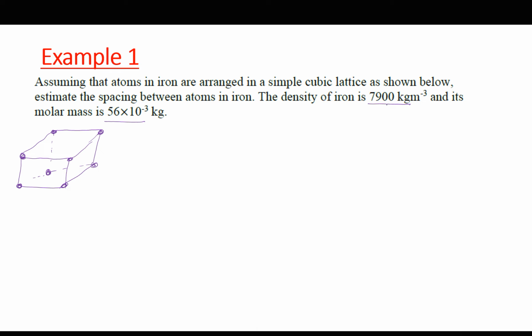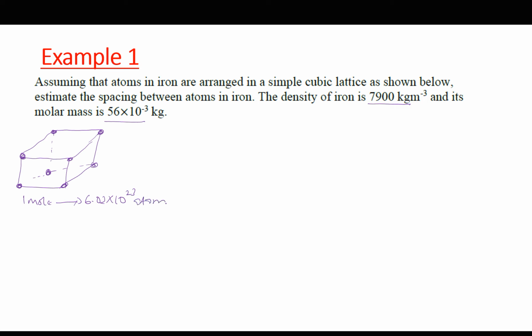So how many moles do we expect to be in 1 meter cubed of iron, of 7,900 kilograms? Note that 1 mole of a substance contains 6.02 times 10 power 23 atoms.